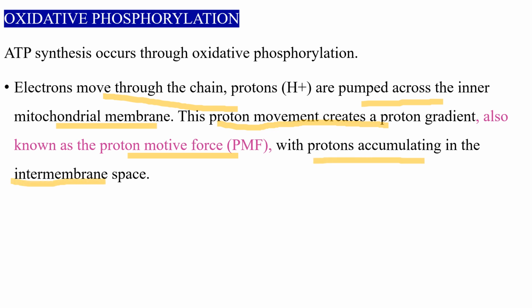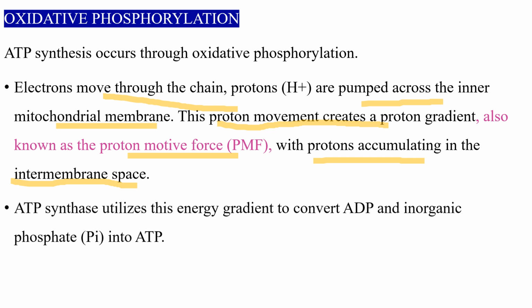So during the electron transport chain, from NADH and FADH2, a proton gradient is created in the intermembrane space of mitochondria, which forms the proton motive force, and this proton motive force helps to utilize the protons to form ATP by ATP synthase.